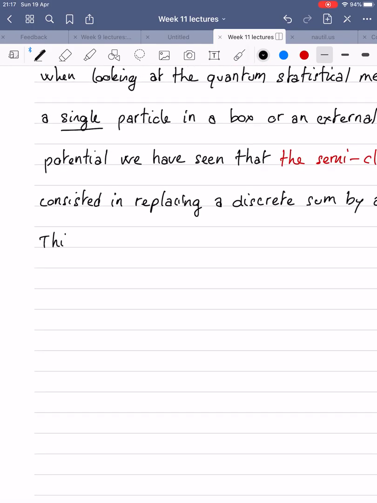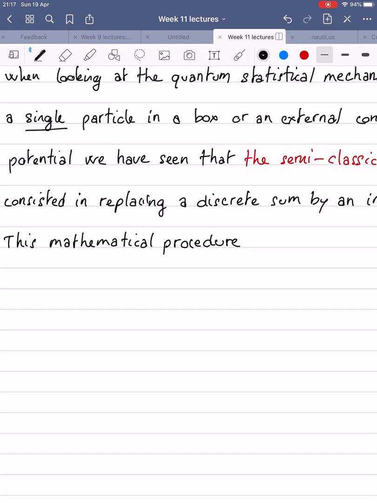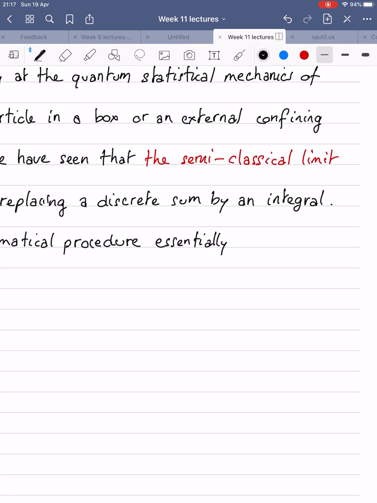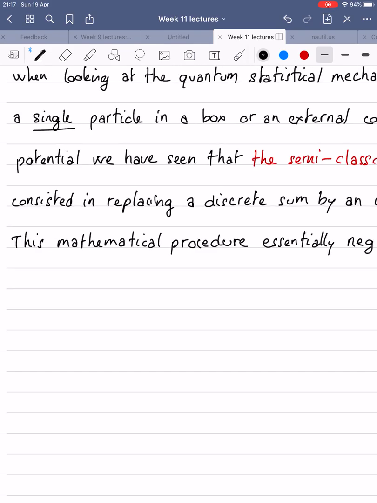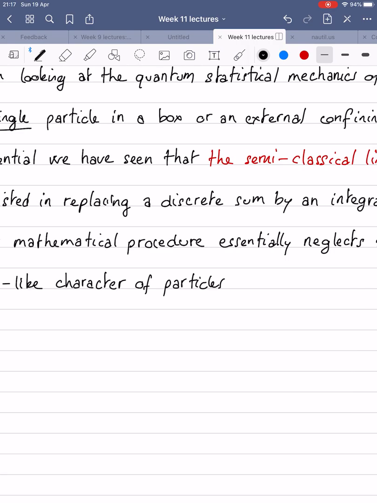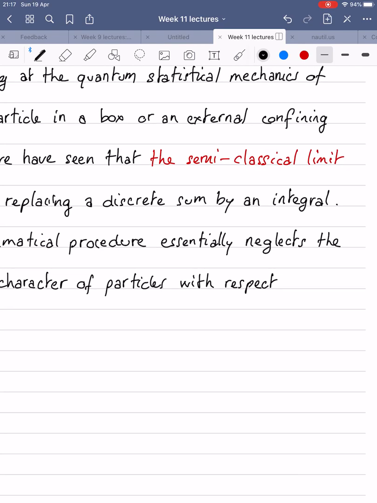This mathematical procedure essentially neglects the wave-like character of particles with respect to a confining potential.